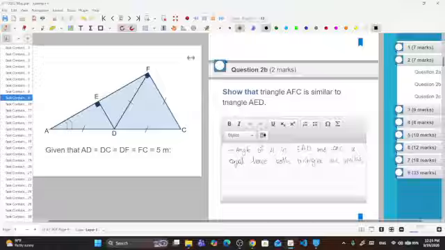At the same time, I can say that looking at this right angle triangle, they both are right angle triangles and they both have a 90-degree angle.